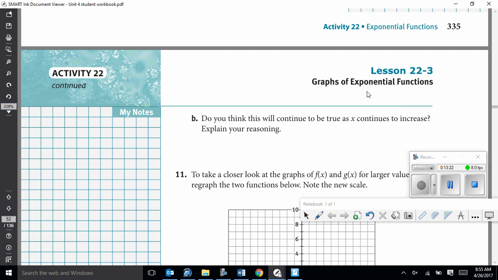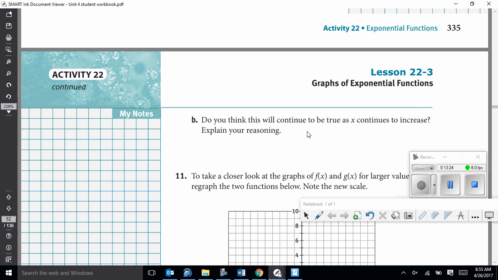So then looking at 10b, will this continue to be true, or will something happen when the f function all of a sudden takes over the g function and becomes the greater output?